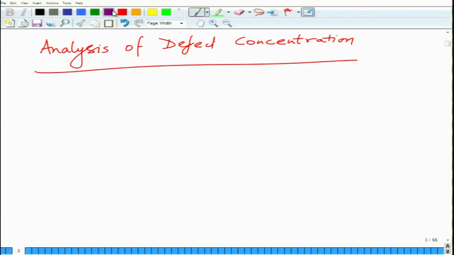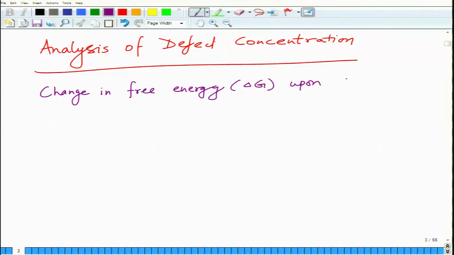So, let us first work out the change in free energy, that is delta G, upon formation of vacancies.